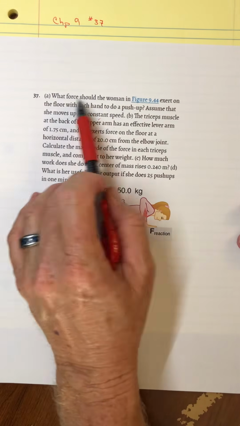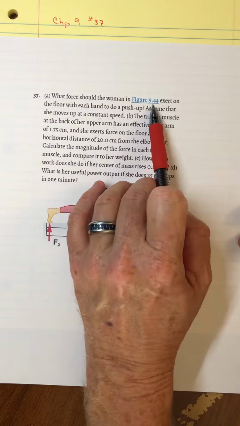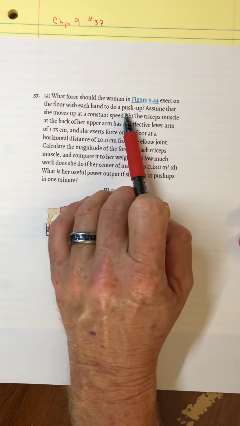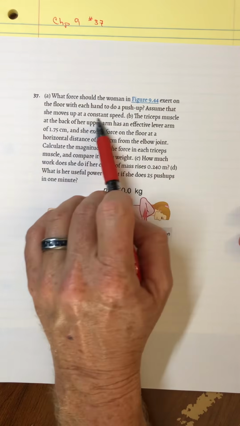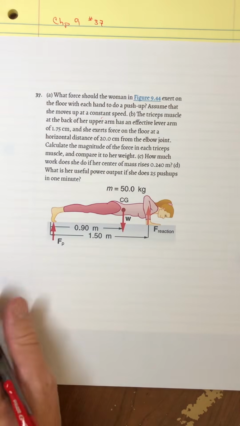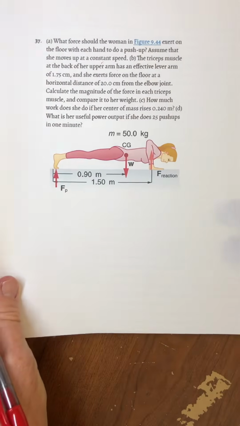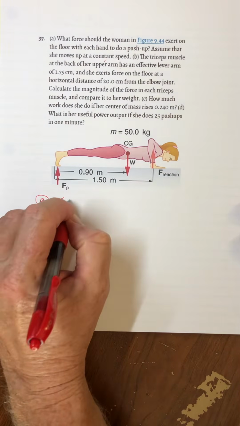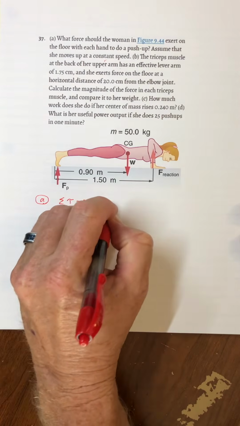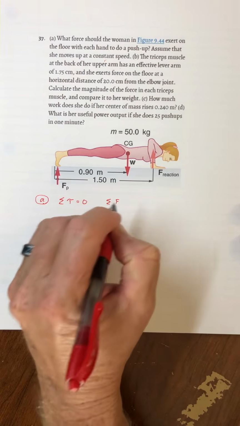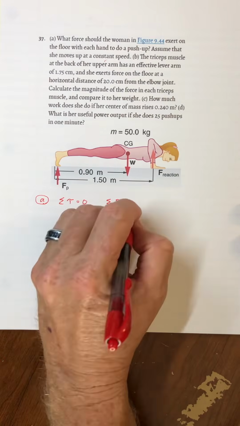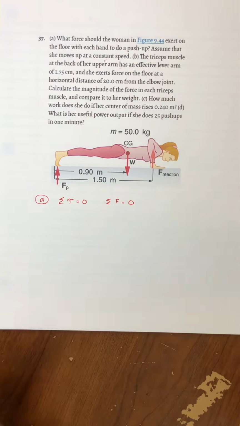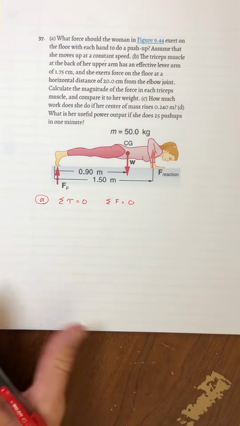It says, what force should the woman in the figure exert on the floor with her hand to do a push-up, assuming that she moves up at a constant speed? Okay, so for A, I would say, again, the sum of the torques should be 0, and the sum of the forces should be 0, because at a constant speed, you have no accelerations.